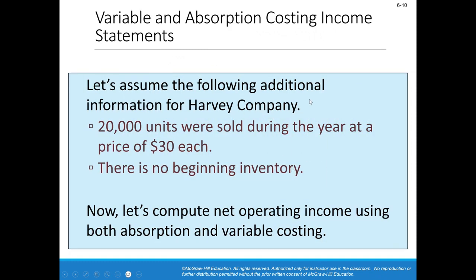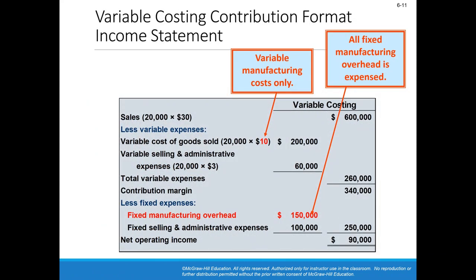So we assume that we sell 20,000 of the 25,000 units we produced, and we sell them at $30 apiece. There's no beginning inventory because we're just starting business. Under variable costing, we've got the sales of 20,000 units times $30. We have the variable cost of $10 per unit, and we have the variable administrative expenses of 60,000.